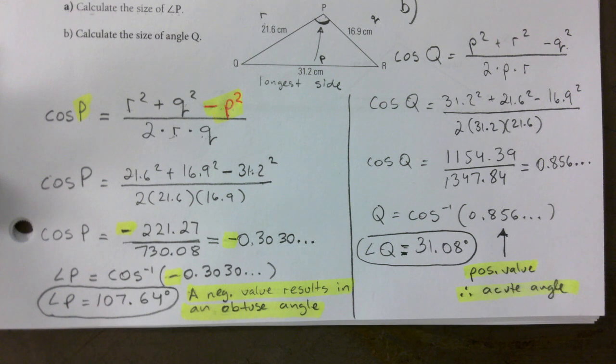Could I now find angle R quite easily? Yeah. You know what that would do? You would solve the triangle. That's what solving the triangle is. I'm going to leave that up there for a bit.